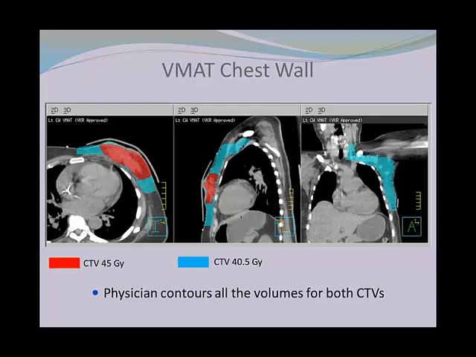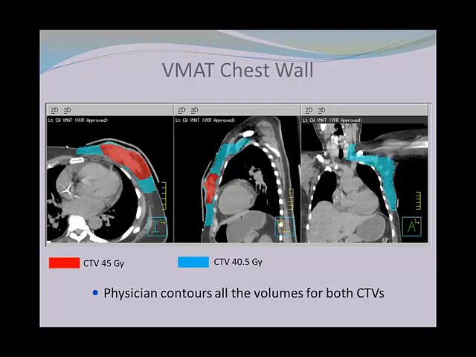I also create a 2 millimeter gap between the CTV 45 sub and the CTV 40.5 sub. I learned that usually for VMAT treatment, if you have multiple targets and one target is surrounded by another target, it's very hard to get a homogeneous distribution.